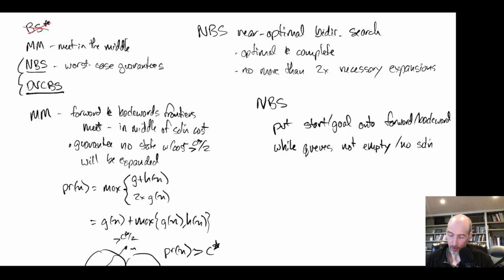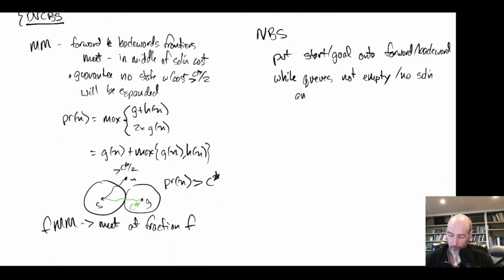Among the states on the queues, select the pair with the lowest LB, and I'll put lower bound in just a minute to remind you what that is, and expand both.